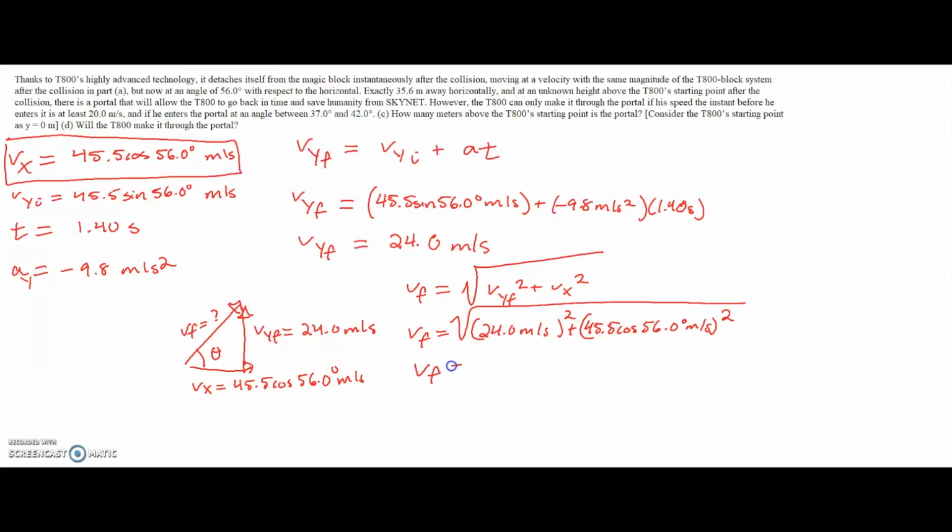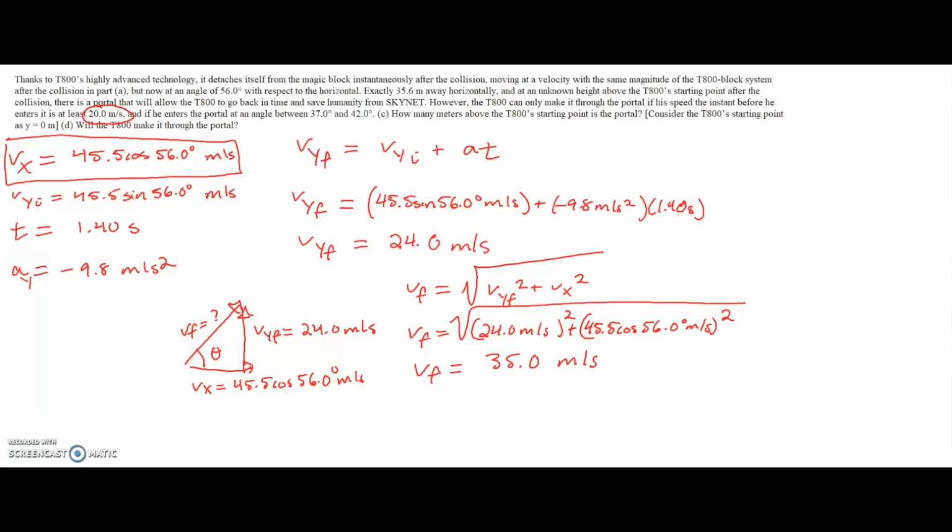The magnitude of the final velocity is exactly 35.0 meters per second if you round. So far, so good. The T800 has a velocity with a magnitude greater than 20 meters per second, so he has one half of what he needs to actually make it.